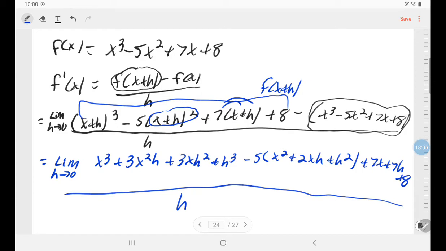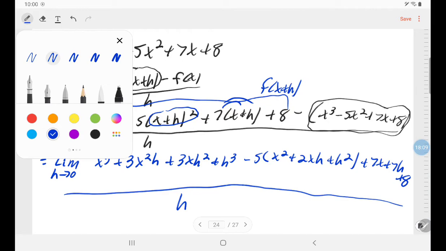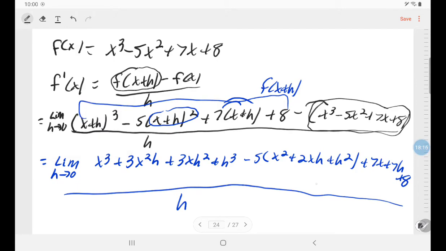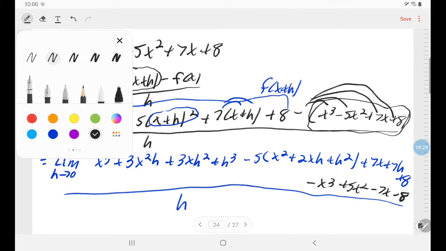Isn't that lovely? We've still got to, I'm going to do this in a different color so you can tell where they're at here. Let's go ahead and use this black here. So now I distribute, that's going to be a minus x cubed, a plus 5x squared. And don't worry about these so much because they're all about to cancel if I've done my mathematics correctly, and we'll find out soon enough.